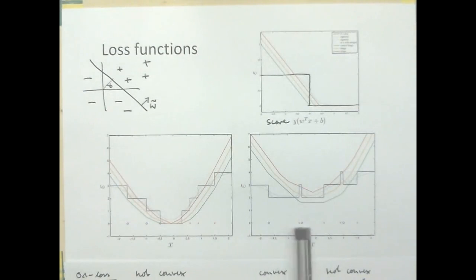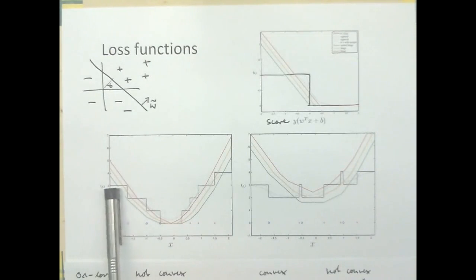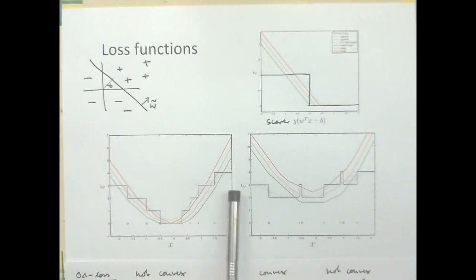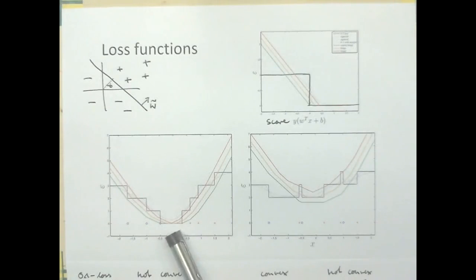Again, the circles and the crosses, and you see that there's no perfect classifier here. Now, the empirical loss has been plotted for all these loss functions, and you see that the black line, this step function here, is the empirical loss for this data set here.